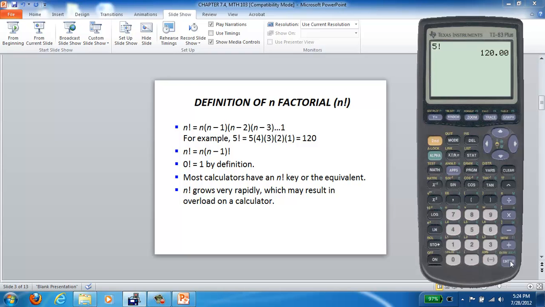Let's calculate 10 factorial. So 10, same steps: math, probability, and then we go again to number 4. Actually, later on we will see permutations, which is number 2, and combinations, which is number 3. So click enter, and this is going to be the answer for 10 factorial.